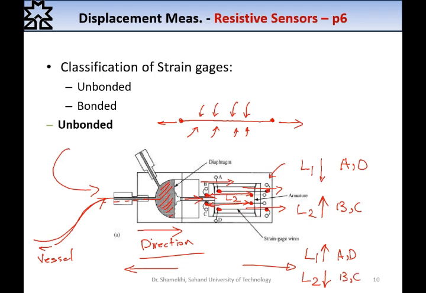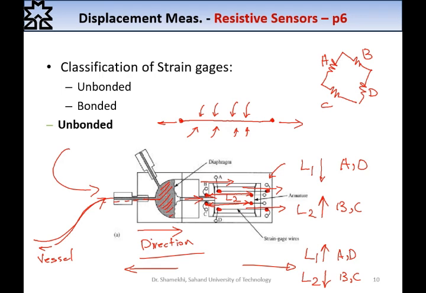Now you have a sensor with 4 resistances, which we can utilize in a bridge: A, D, B, C. And using these strain gauges in a bridge structure leads to a highly sensitive sensor.